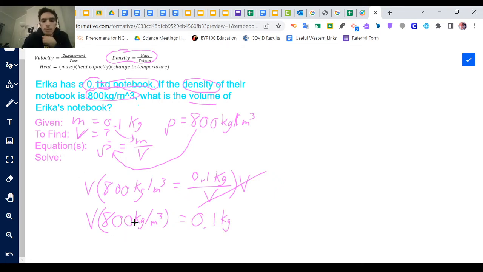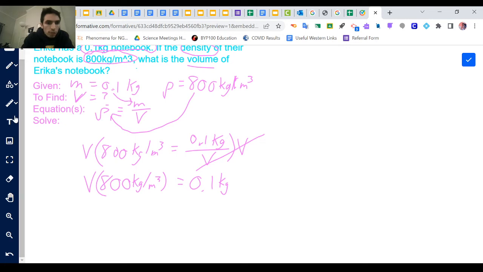And so now it's easier to see what we need to do so that we get V is equal to something. Right now we're close. We have V multiplied by 800 kilograms per meter cubed. So if we want to just isolate V, we've got to do the opposite of what's happening to it right now. So we have to divide both sides by this 800 kilograms per meter cubed.